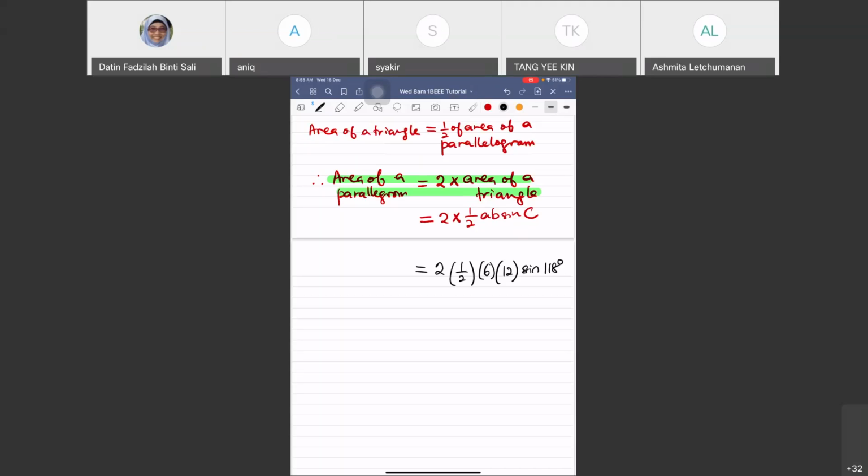Okay, can you compute that one? What do you get? 63.57. Say again? 63.6 feet square.